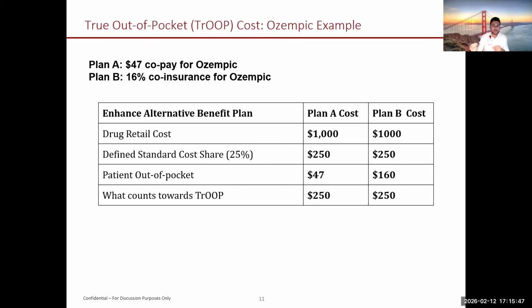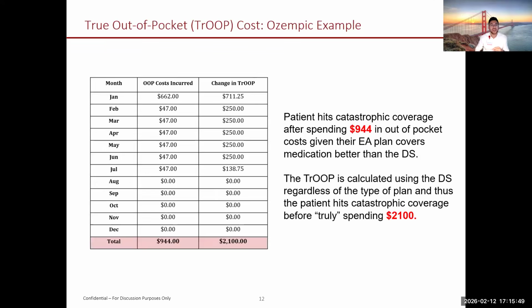So if you have an enhanced plan, you will reach your catastrophic coverage cap before physically paying the $2,100. This table is an example of that. If we take that $47 plan and apply that payment throughout the year, the first payment will be $662. That's your deductible plus the cost of the drug. After that, it's $47 a month. You've cleared your deductible, and you can see in July it goes to zero.